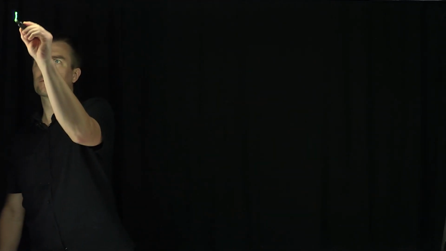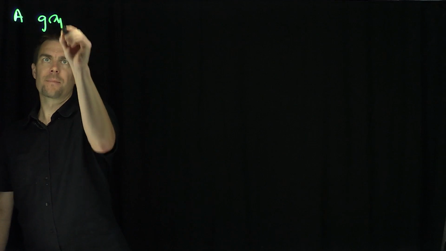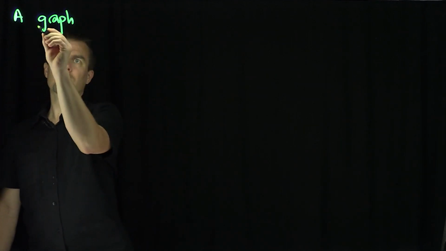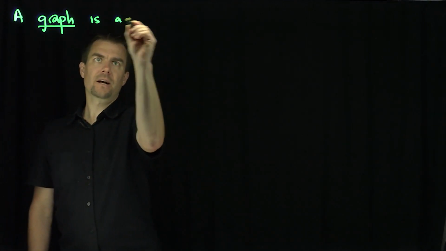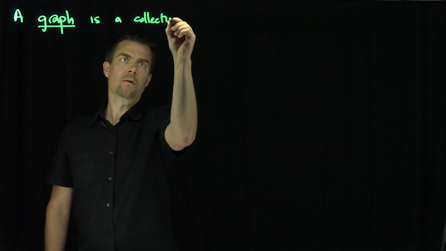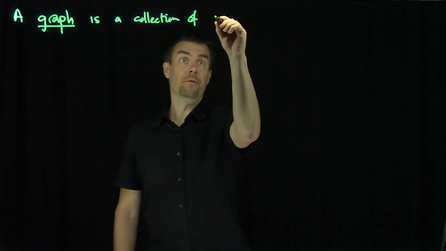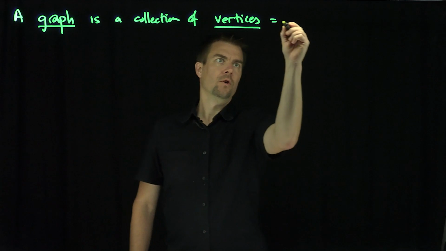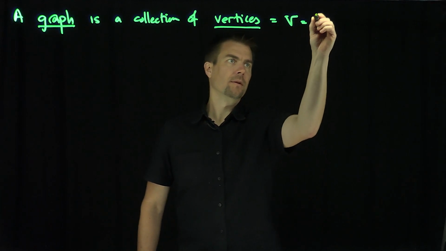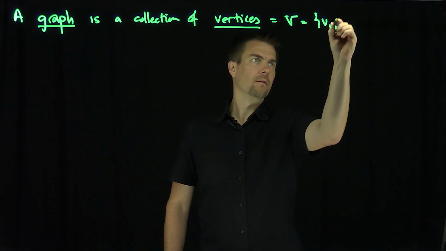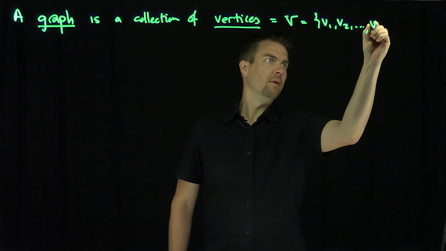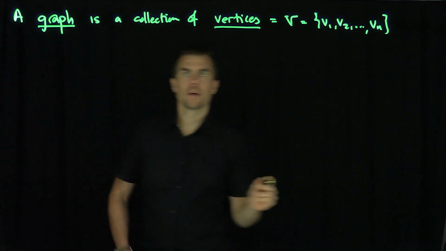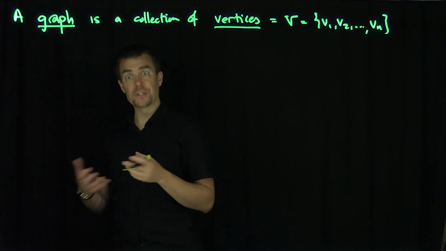So a graph, in the mathematical sense, is a collection of vertices, which we're going to write as V, V1, V2, Vn, and pairs of vertices that are unordered.